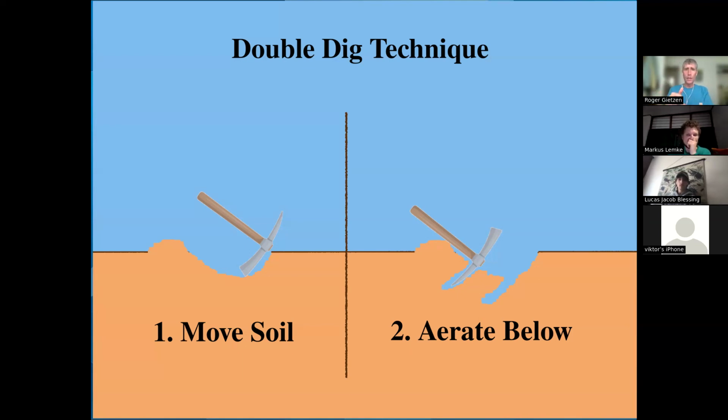So with a pick, which is what we have to use for that clay heavy soil in Haiti, we'll dig a trench and actually lift the soil up and out like you see on the left. And then at the bottom of that trench, we'll poke and lift the soil without necessarily mixing it. I don't know if that makes sense. That's the best way I can describe it.